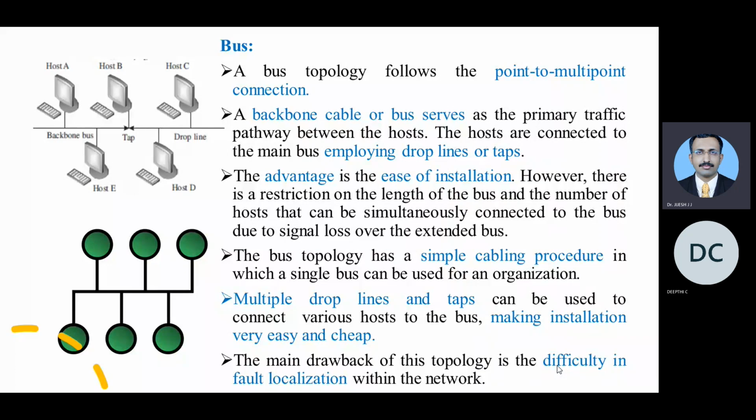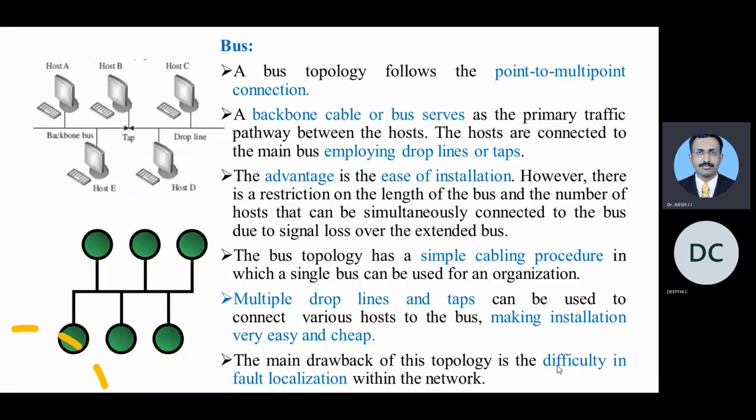Now, what is the next one? Ring topology. So, what do you know about ring topology? What is a ring? One system is connected to all systems. How will a ring look?